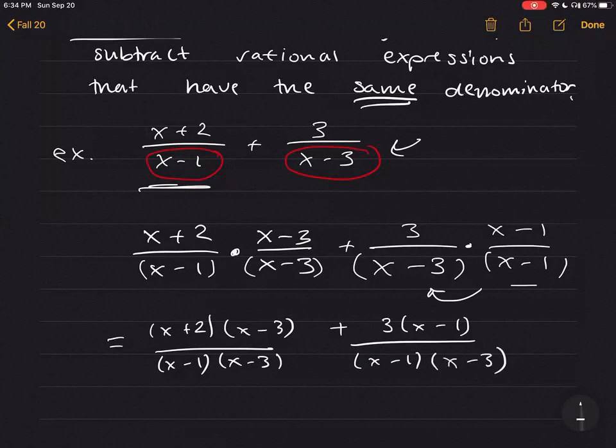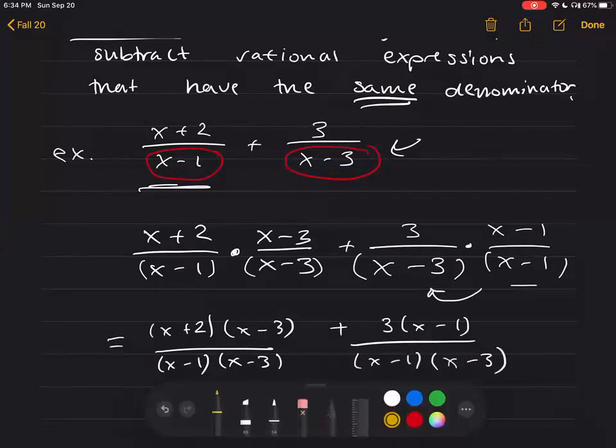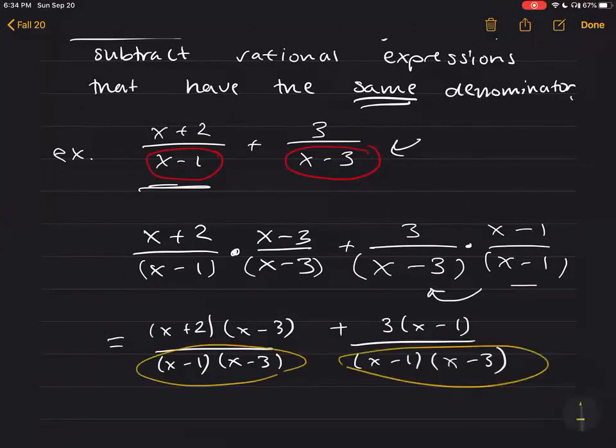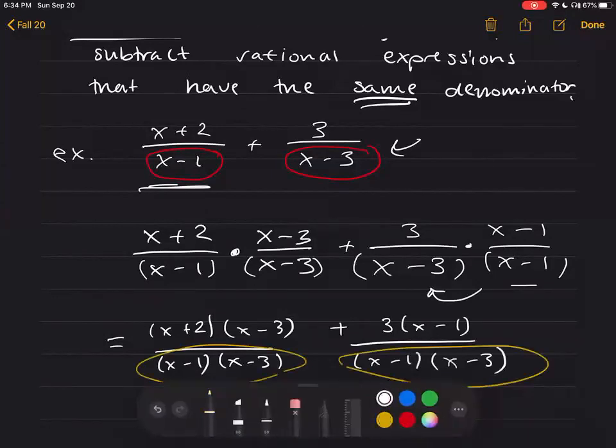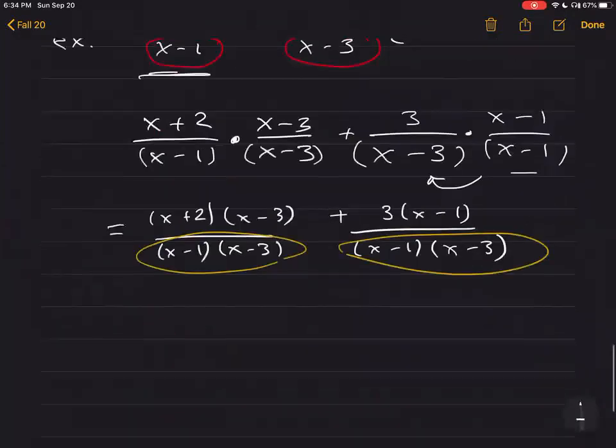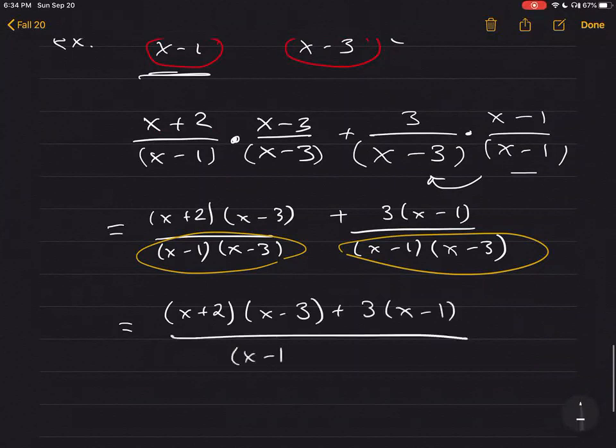Now, you'll see they have the same denominator right here. Now we can add them together. So now we can do x plus 2, x minus 3, and then plus 3 times x minus 1, and that's all going to be over x minus 1, x minus 3.